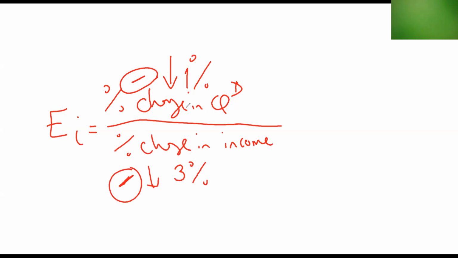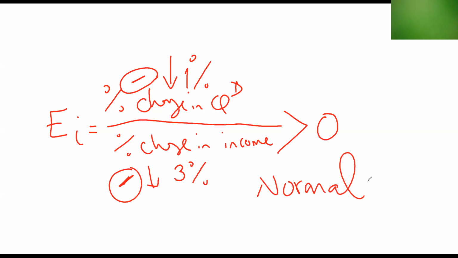I really don't care about these numbers. We have a negative sign here, a negative sign at the bottom, so our income elasticity is positive. We know whenever the income elasticity is positive, the product we're talking about is normal. So that's about this question.